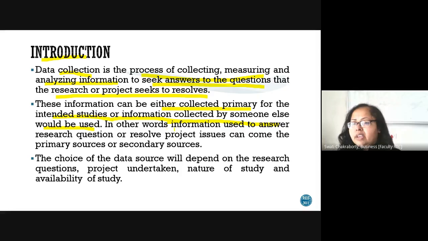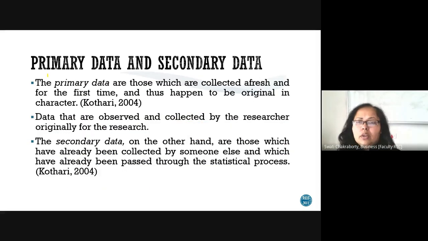In other words, information used to answer research questions or resolve project issues can come from primary or secondary sources, right? The choice of the data source will depend on your research questions, the project that you undertake, the nature of the study, and the availability of the study. Okay, so let's go into primary and secondary data.